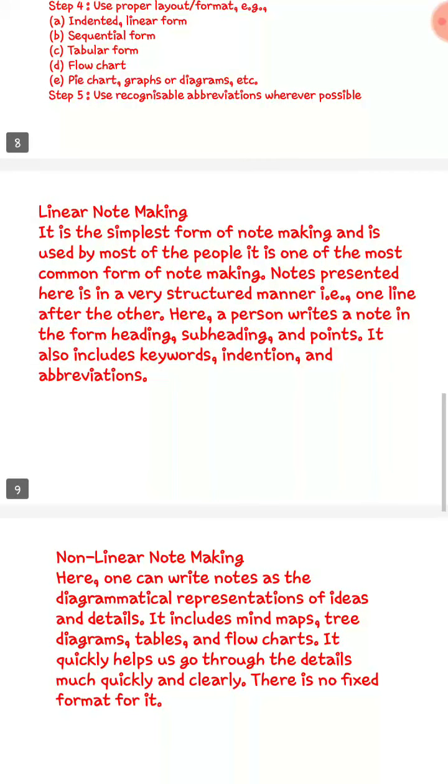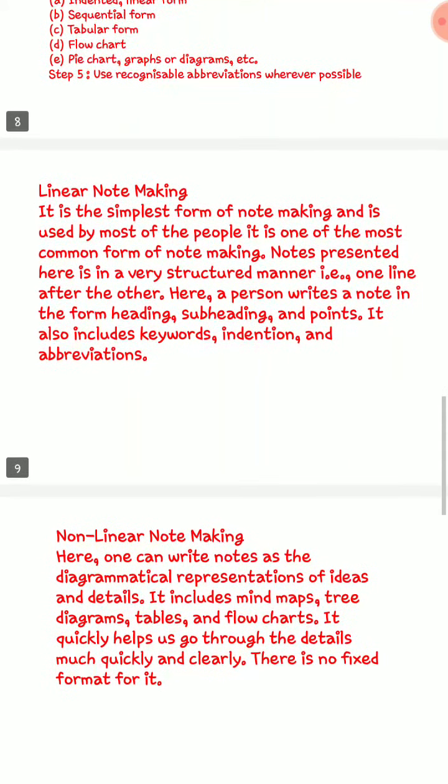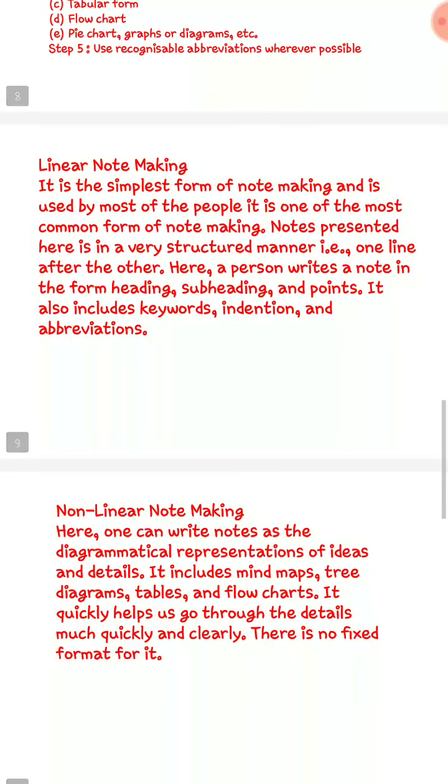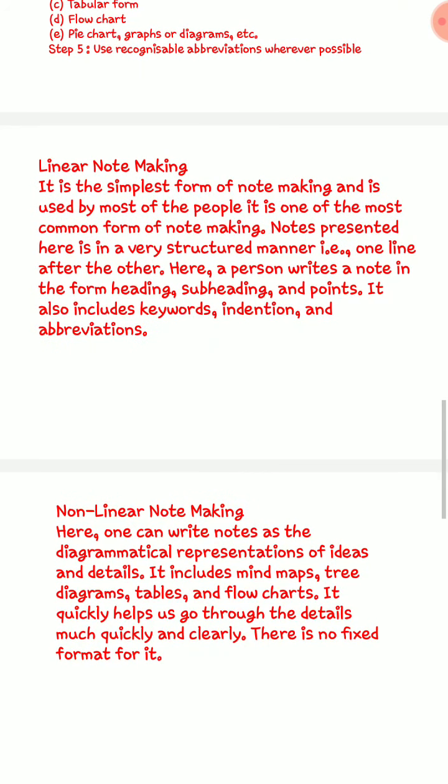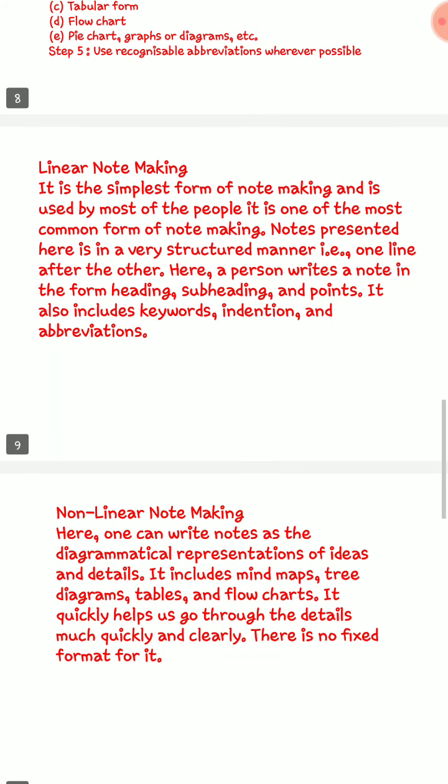Sequential form, tabular form or chart form, it depends on you how you construct your note making. Pie charts, graphs or diagrams etc. can be given, but in the exam it is not needed. If you do the note making in a normal structure, that will be enough.